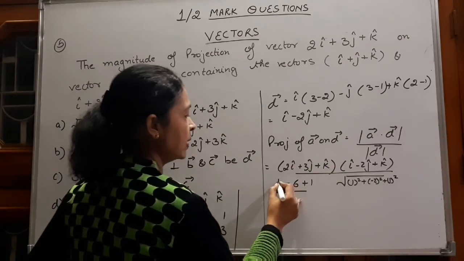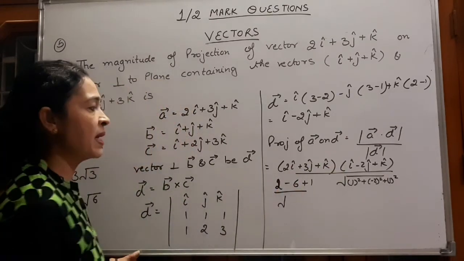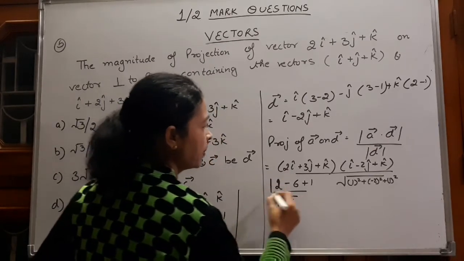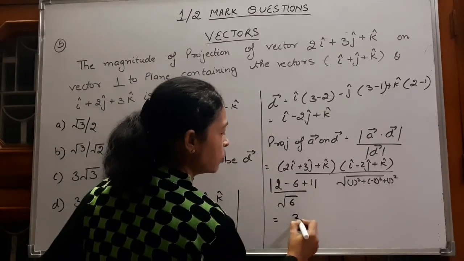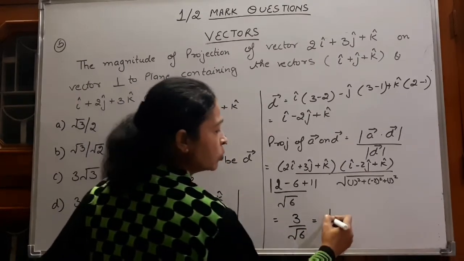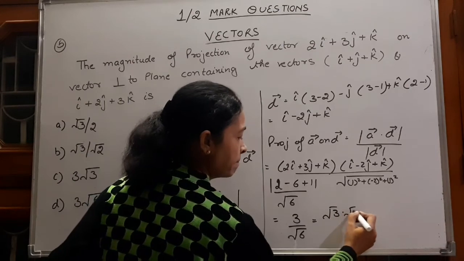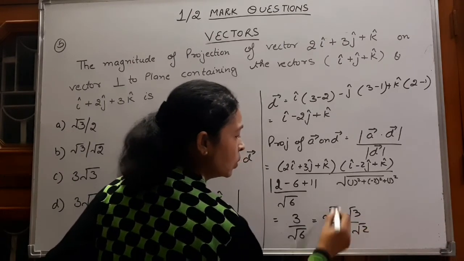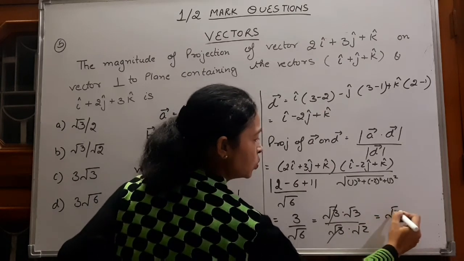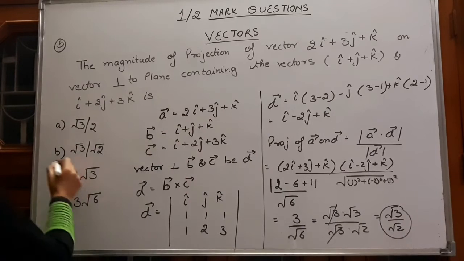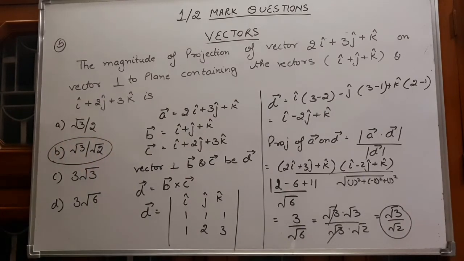We have 2 minus 6 plus 1 over root 6. Magnitude, we have 3 by root 6. 3 can be written as root 3 into root 3 by root 3 into root 2. Therefore, our answer is root 3 by root 2. Therefore, option B is our correct option.